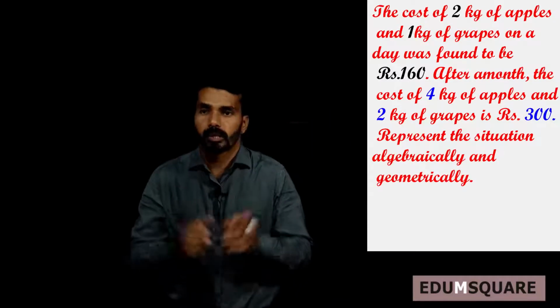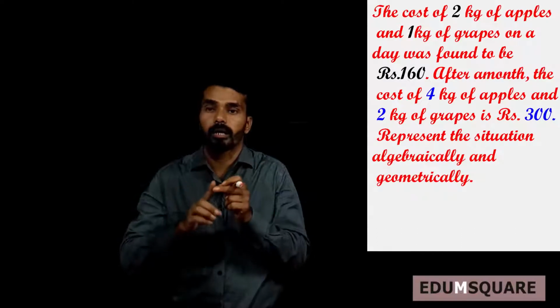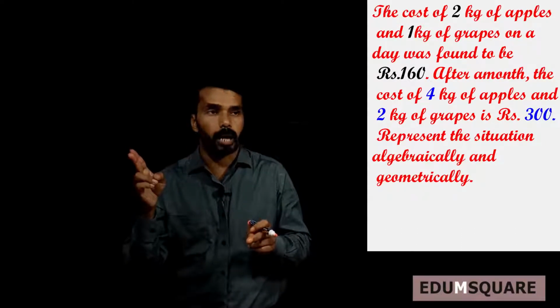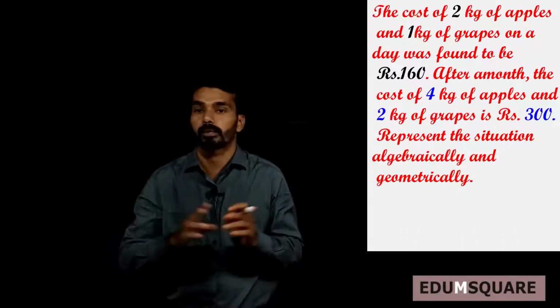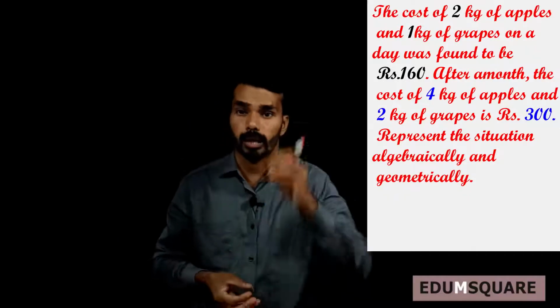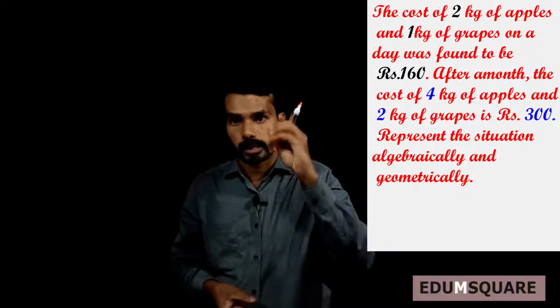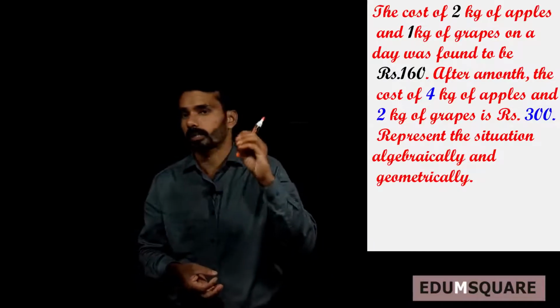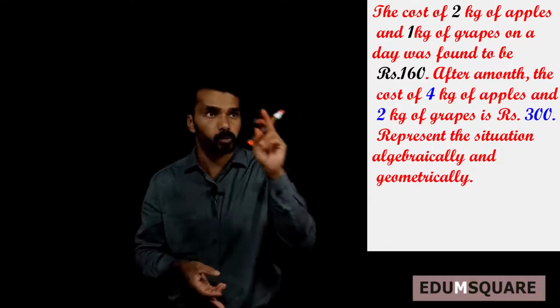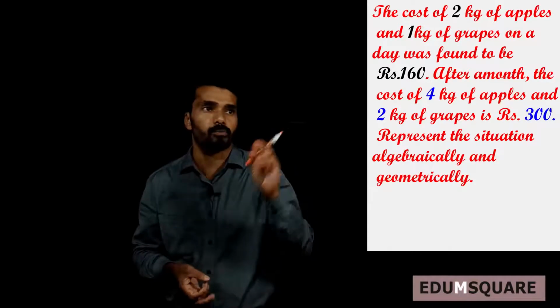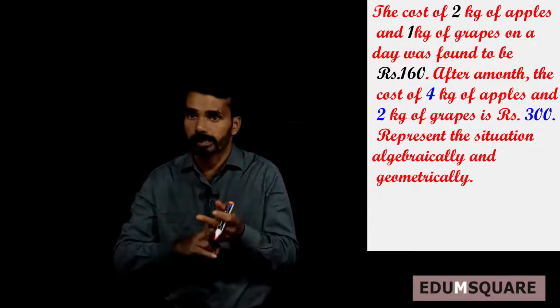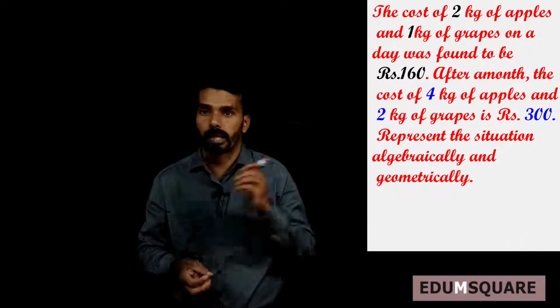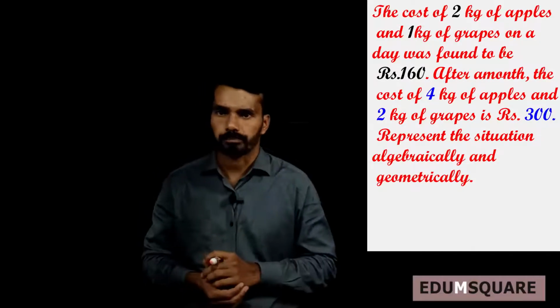We are given only 2 kg of apples and 1 kg of grapes, and its total amount is given. So let us denote the cost, as the rates are mentioned per kilogram, the cost of 1 kg of apple as X and that of grapes as Y.